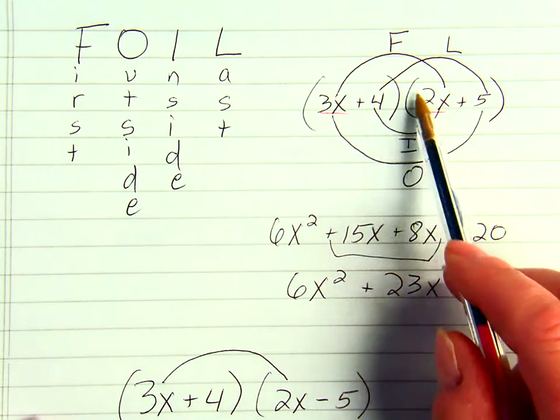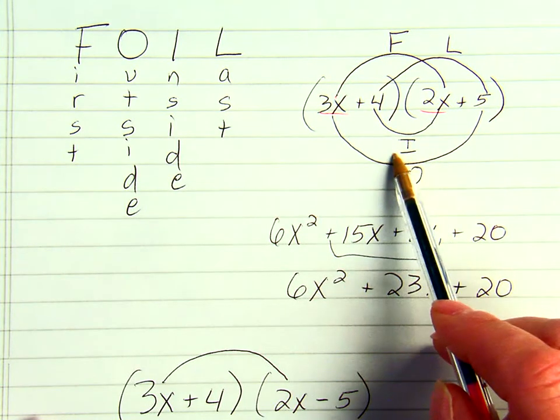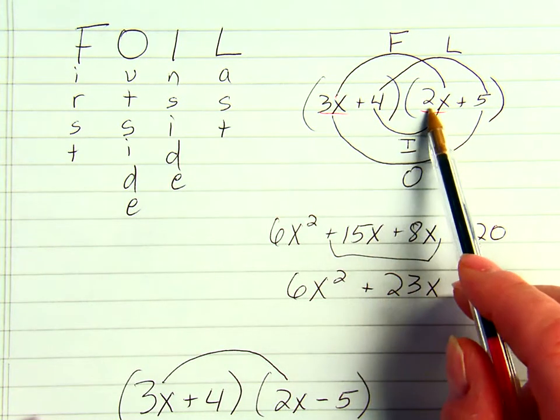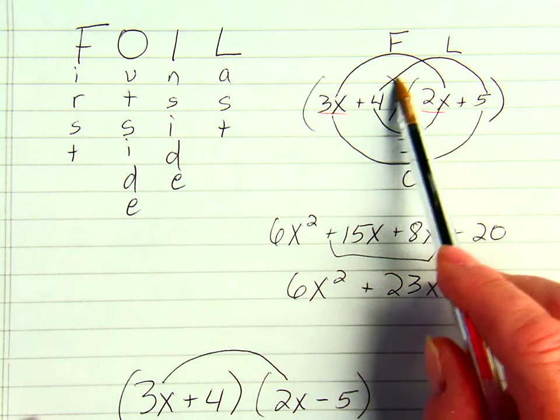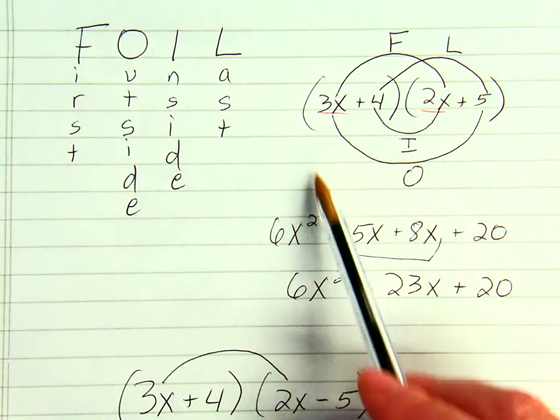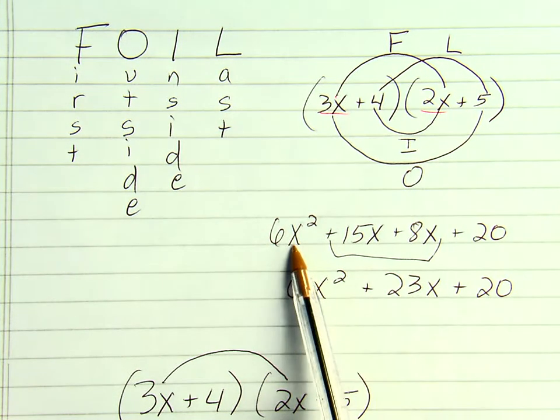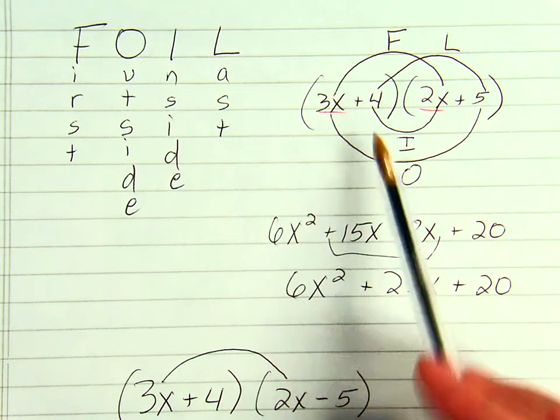Inside, that's your 4 and your 2x. I've labeled that with an I. Those are your inside numbers. And then your last numbers, the 4 and the 5. Okay, so when we put all this together, we have the 3x times the 2x, giving us 6x squared.